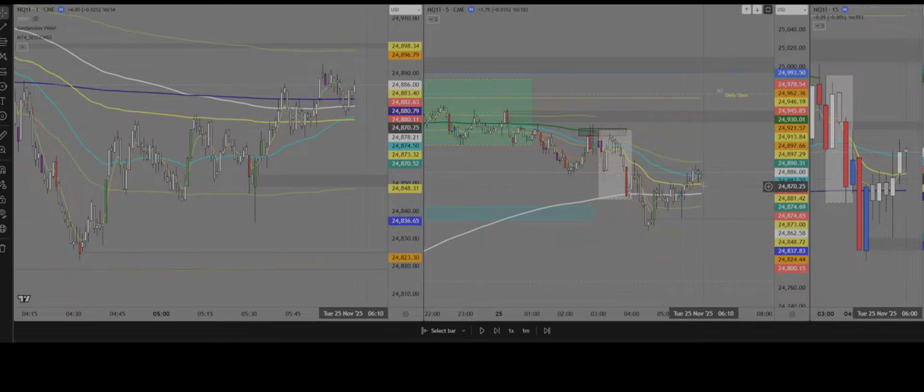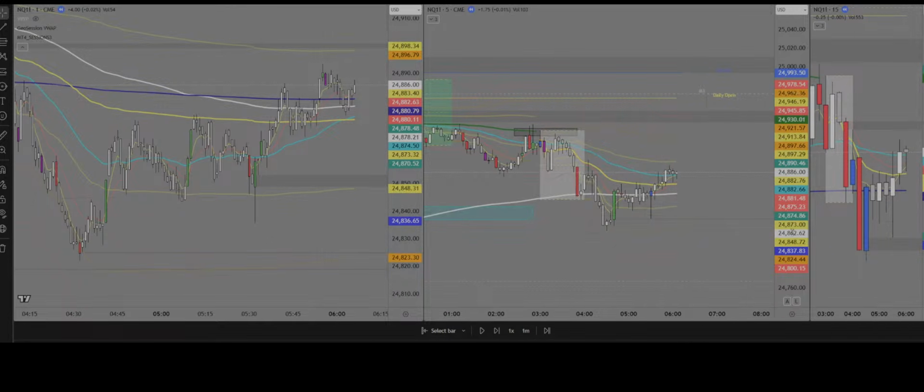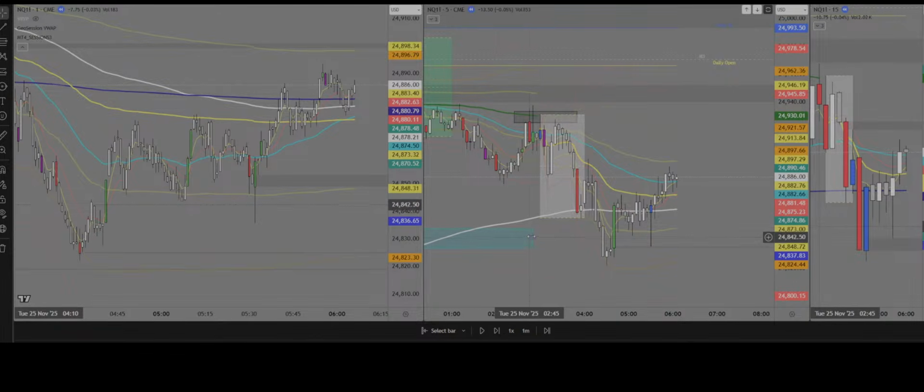Oh, now we're starting to hold the 5 and 13. Already taken out the VWAP twice from the previous session. We really don't have anything left over here. We have a wick to the downside.